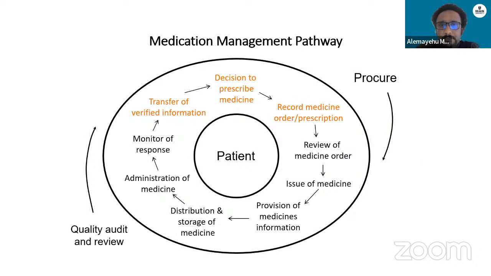The medication management pathway shows the pathway in which medicines and patients are engaged, with a transfer of information across the different stages. Any disruption in information transfer can result in discontinuity. So continuity is an important thing.